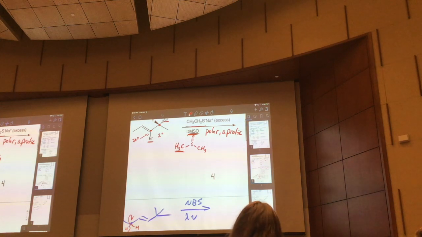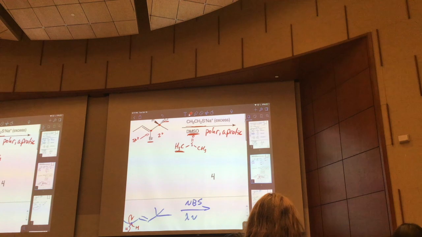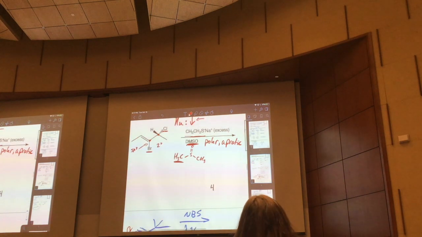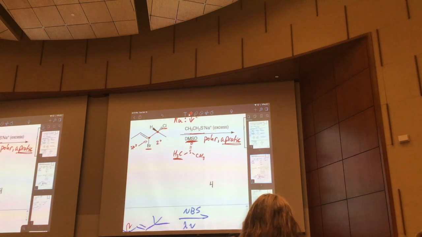What did we say about protic solvents? Why does it matter? Protic solvents drive you more towards the ones. They're ionizing, and so they allow that leaving group to leave on its own. It stabilizes that anion, or that carbocation, so it allows it to leave. But if it's aprotic, we're not going to have any help towards the ones, so that's going to tend towards the twos.